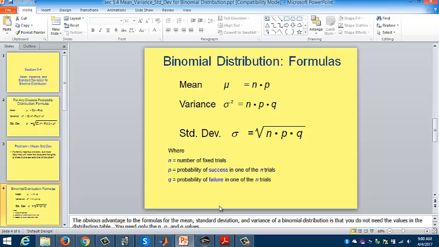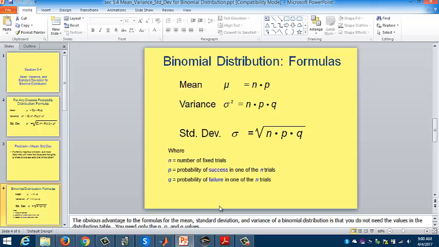It's a measure of how far away from center we are, how spread out. The variance is the same thing, except you're squaring the standard deviation. Or the other way around: you compute the variance, n times p times q, and then take the square root, which gives you the standard deviation.